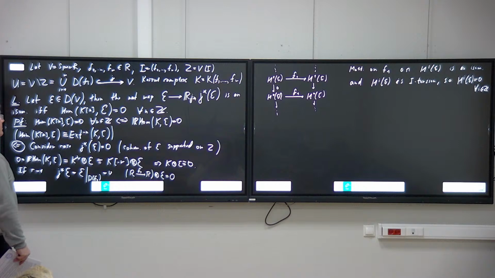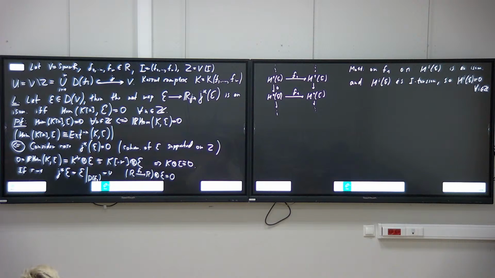May I ask, do we know that H^i(E) is finitely generated? No. Why we know that f is nilpotent is that it's nilpotent for any element. You can take any element, say in H^i(E), and since this is I-torsion, there is some power such that f to that power multiplied by the element is 0.